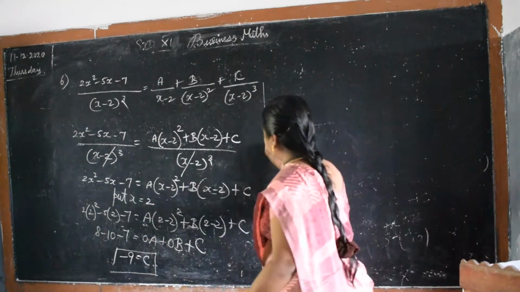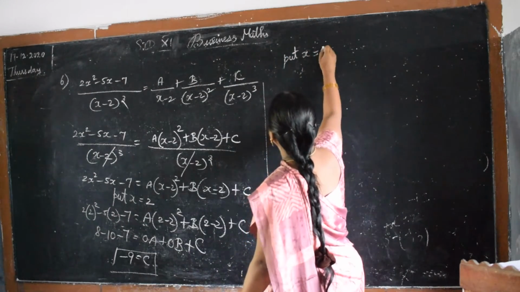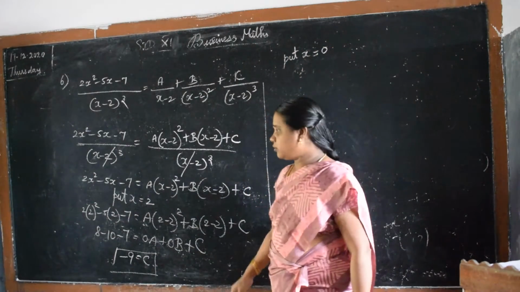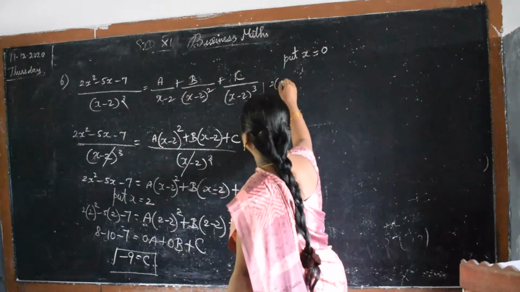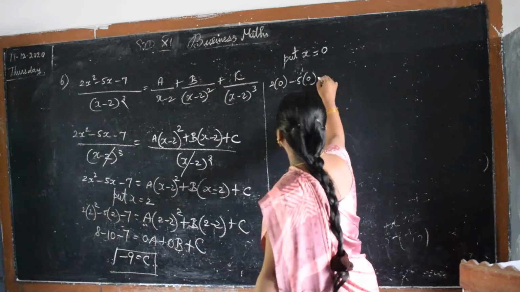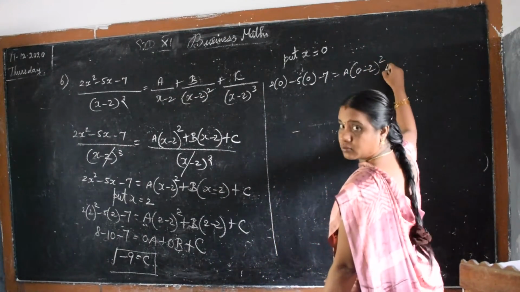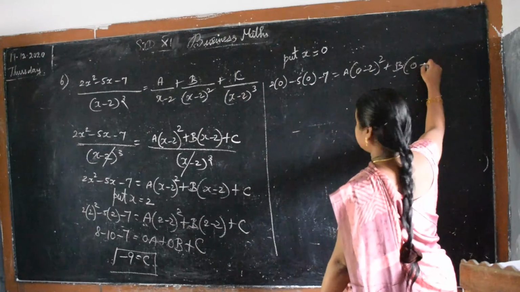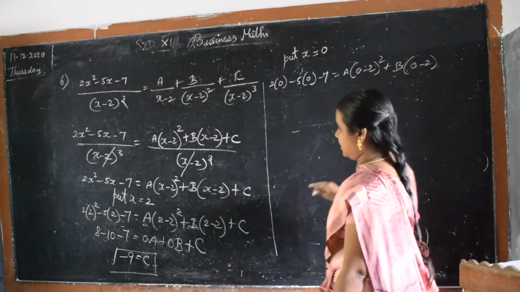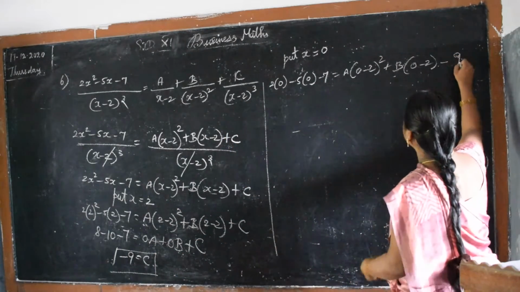Next put x is equal to 0. Now what are we going to put? We put 0. See here, what is the value? Instead of x you have to put 0. 0 minus 2 whole square, 0 minus 2, plus c. What is the value of c here? Our value is minus 9. Substitute minus 9.